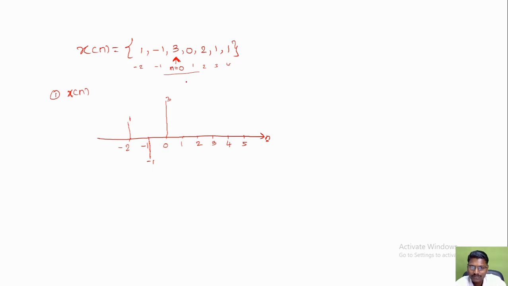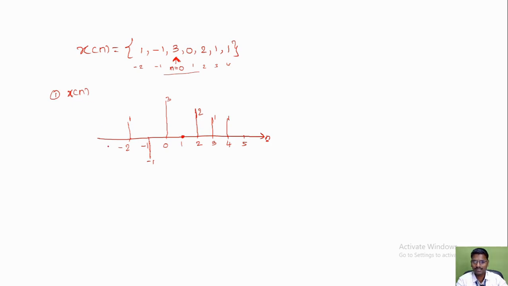Similarly, for n is equal to 1, it is 0. For n is equal to 2, it is 2. For n is equal to 3, it is 1, and for n is equal to 4, it is 1. So these are all my given samples, this is my x of n.